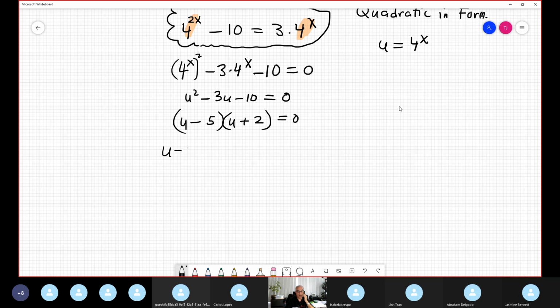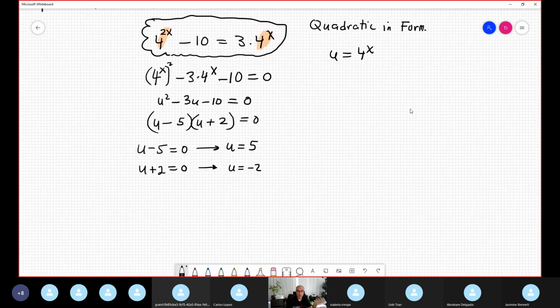So see, we have u minus 5 equals 0, u is 5, and u plus 2 equals 0, u is minus 2. This is the answer? No, of course not, because this is the u value. Remember the idea behind quadratic in form. You are doing substitution, you make a complicated equation easy, you solve it, but the solution I have in my hand so far is the u value, not the x value, which is the value I need.